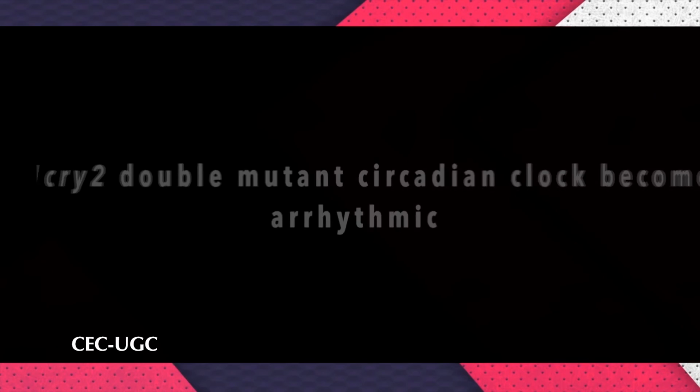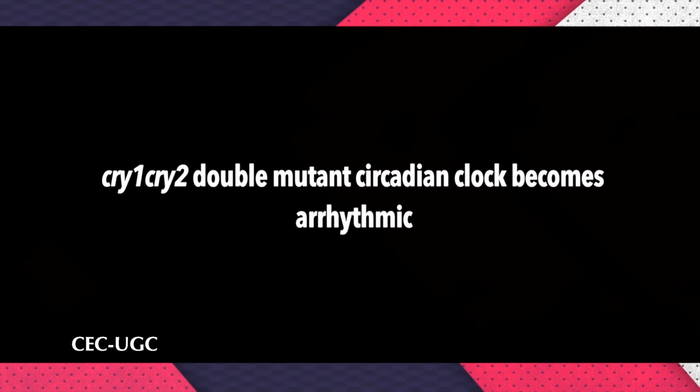This suggests that Arabidopsis CRY1 and CRY2 act redundantly to entrain the circadian clock. However, in case of mouse CRY1 CRY2 double mutant, the circadian clock becomes arrhythmic. In short, it seems that cryptochromes are not intrinsic components of the circadian oscillator in Arabidopsis.